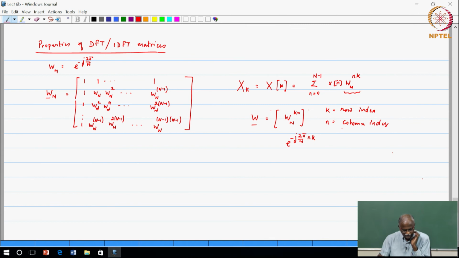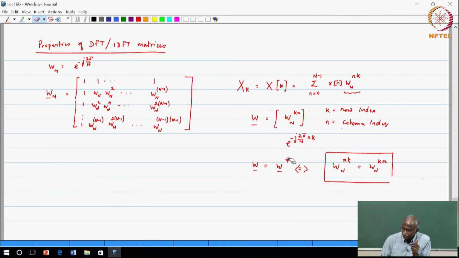And I think it is easy to see that this is a symmetric matrix, because if you take W equal to W transpose, the row index and the column index will interchange, and it just says that Wn^(nk) is the same as Wn^(kn). So, it is a symmetric matrix, but it is more than a symmetric matrix.